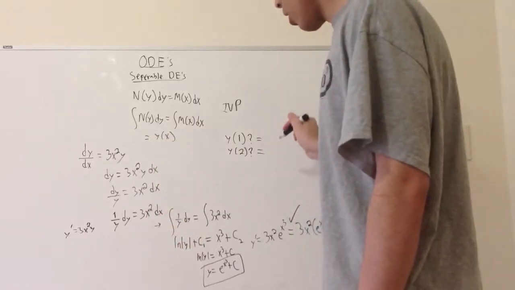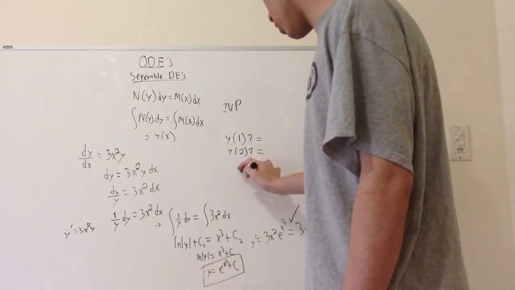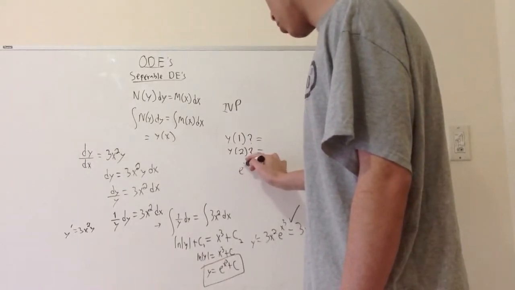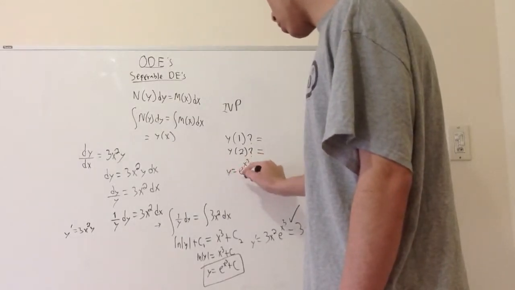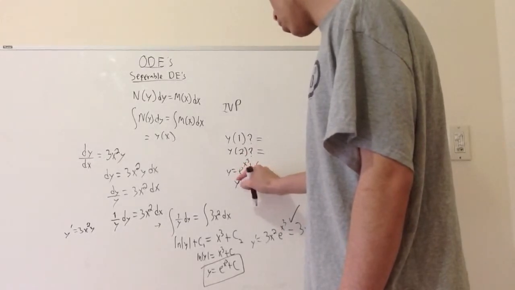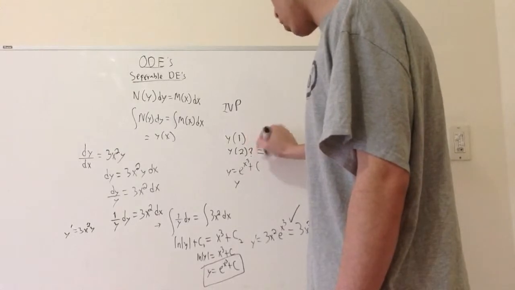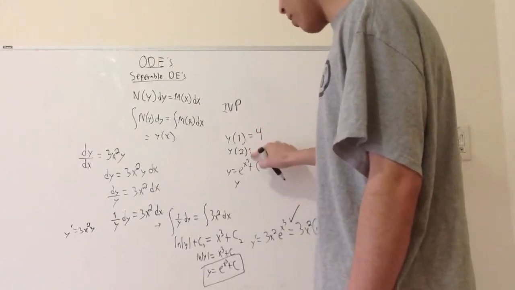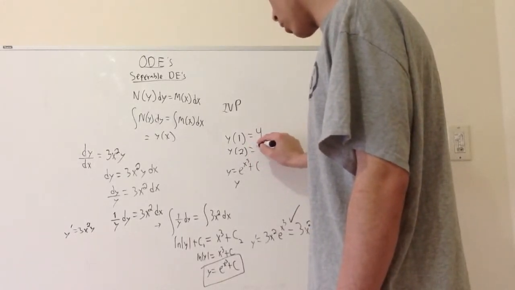So for y of 1, what did we say our y was? e to the x cubed plus c, so we can do y is equal to this, and now we can plug in. Actually, we should do it this way. We should say y equals, and this was equal to 4, and for the other, this is equal to like 7 or whatever.